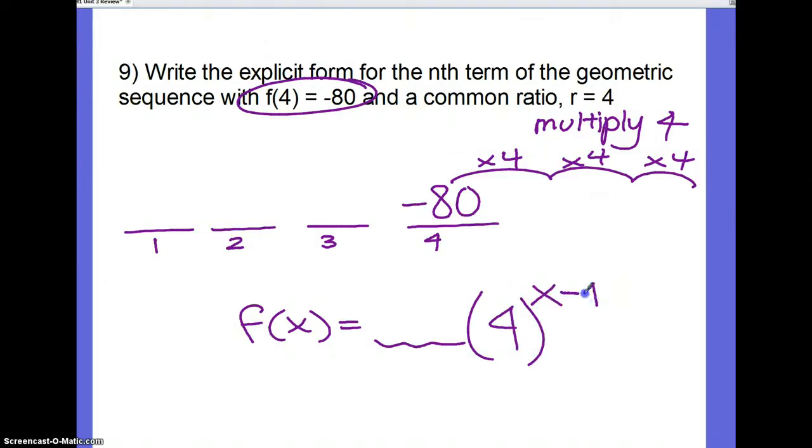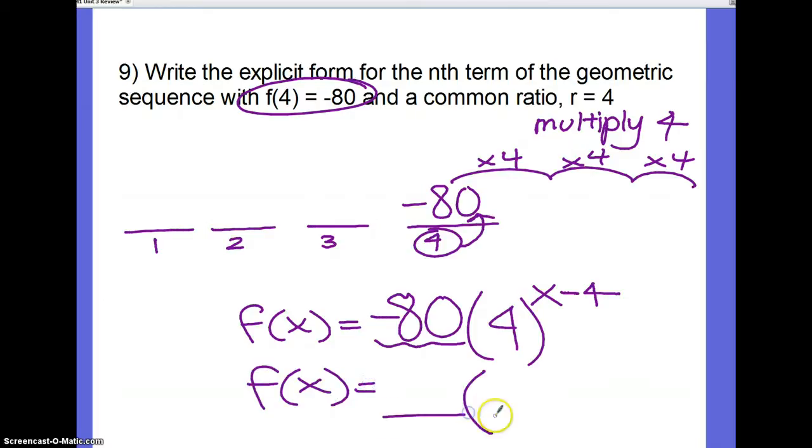Could we put an x minus 4 here and then just write negative 80? You bet. That is correct, because we know the fourth number is negative 80. So yes, we could do that. However, on the multiple choice test you're taking, it's going to want you to do minus 1 and go backwards to the first term.